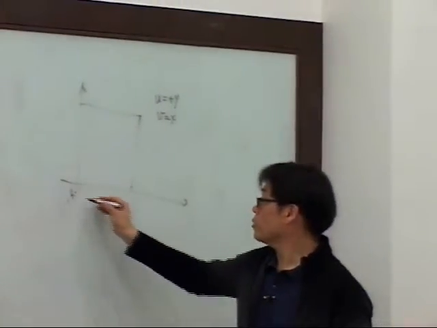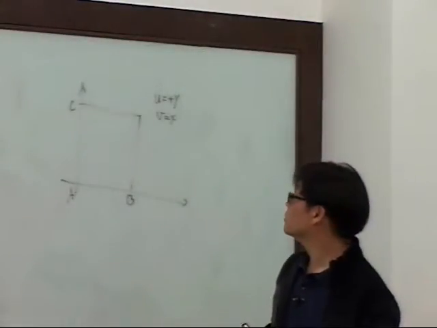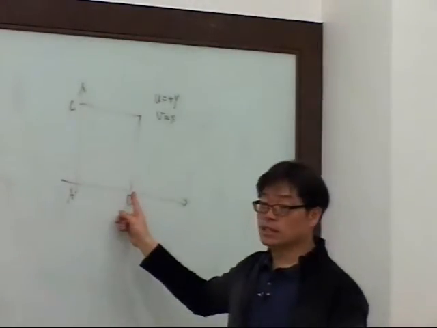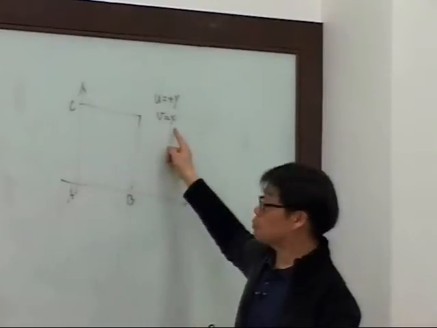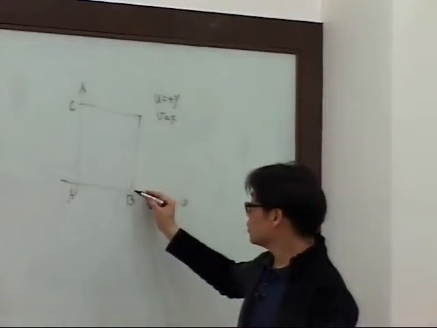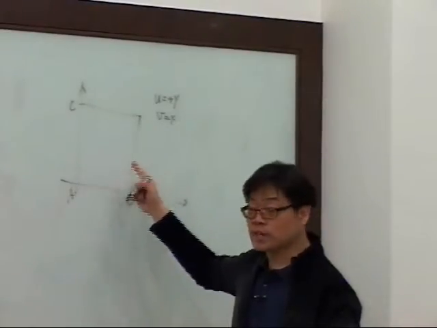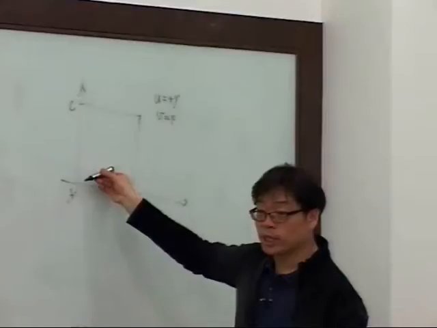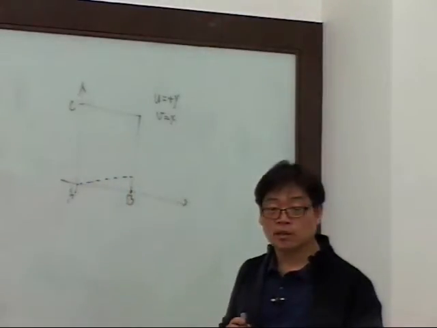So let's look at AB and AC. For these two points, the vertical velocity is proportional to x. Since the x coordinate of B is greater, this point is moving faster than this one, so it will rotate like this. So I still have this.